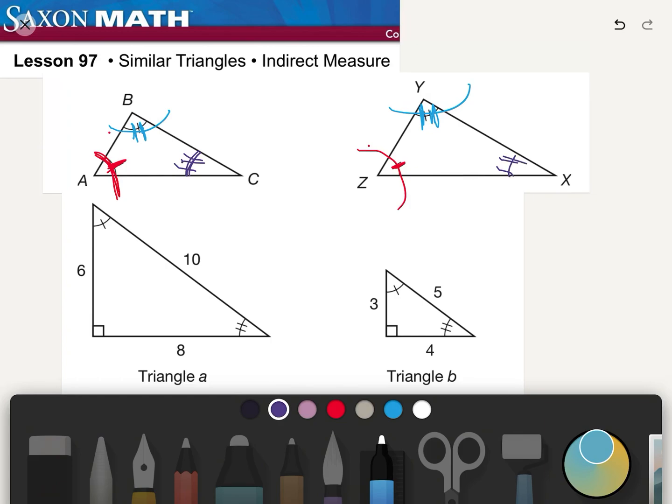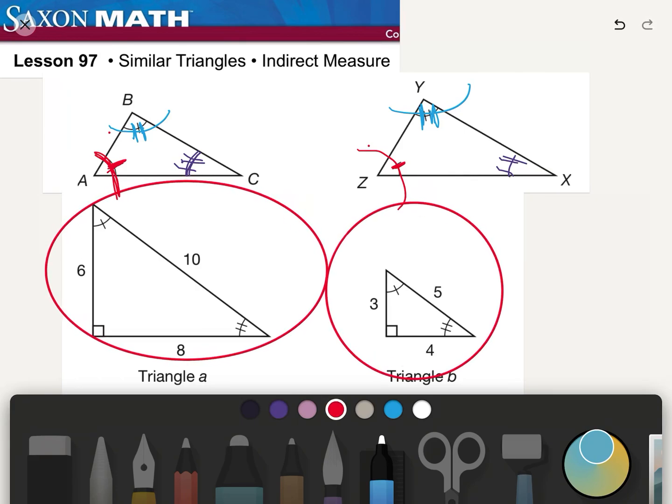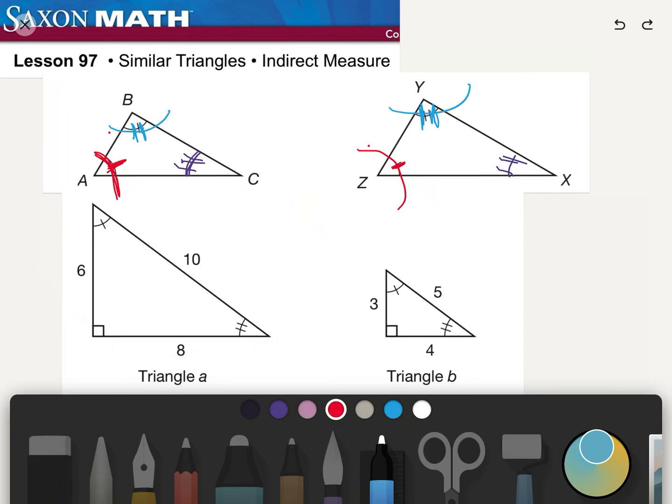So we can say that these two triangles are similar triangles because of the angles and the sides. So looking at these two, where we have two similar triangles, even though they are not the same size, the lengths of their sides will be proportional to each other.